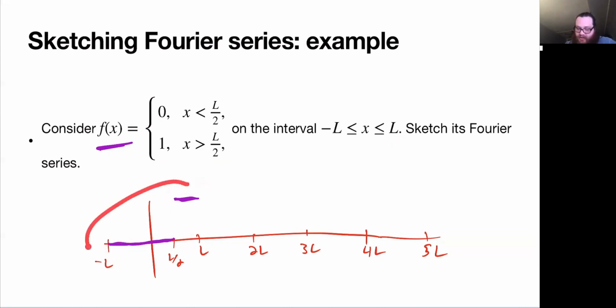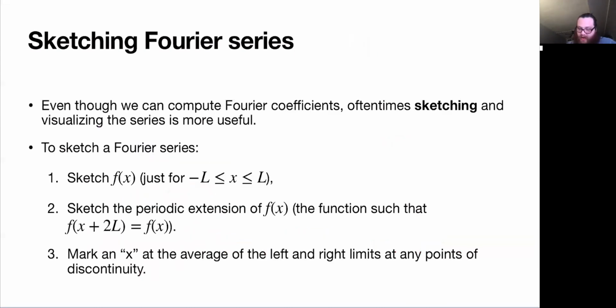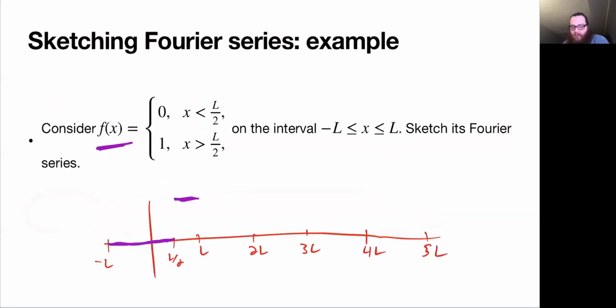So we've sketched what f of x is between negative L and L, and now we sketch the periodic extension. What does this entail? Well, take the form of the function, or the graph or template, whatever you want to call it, and copy it over to the next interval. So we're going to take this form, copy it over there.